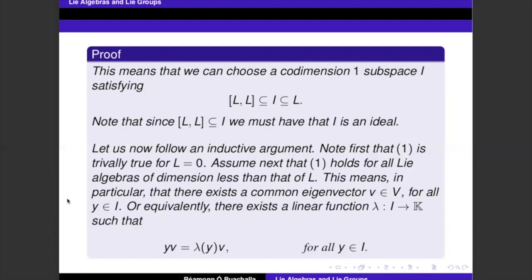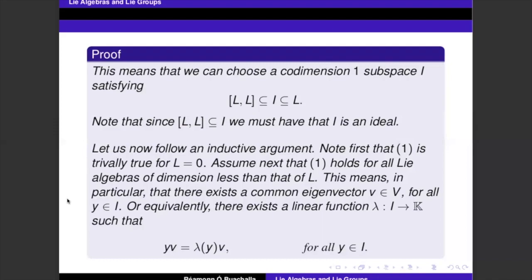So let us now follow an inductive argument as usual. Note first that this is trivially true for L equal to 0. You're asking about an element that's going to be a common eigenvector for all of the elements of L. Well, if it's 0, then of course any element will be a common one with eigenvalue 0. Now let's assume that it holds; the inductive argument is going to go on the dimension of L. So starting from 0, that's good.